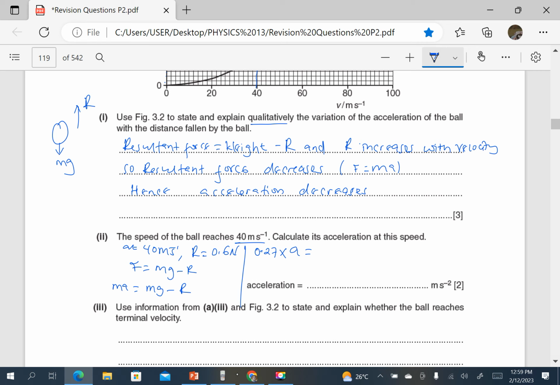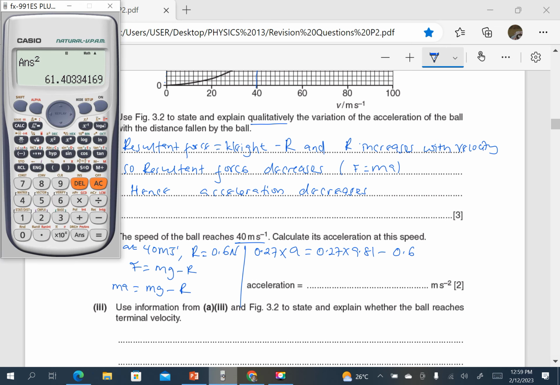So a is equal to 0.27 times 9.81, then minus 0.6 from the graph, divided by 0.27. That gives us the acceleration as 7.6.